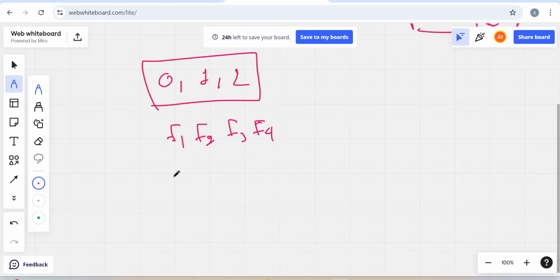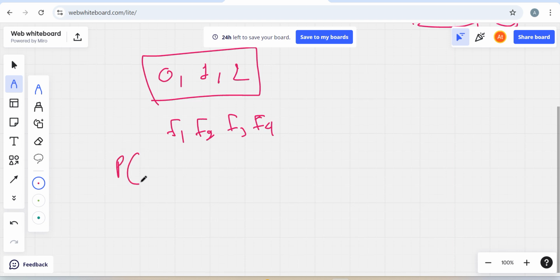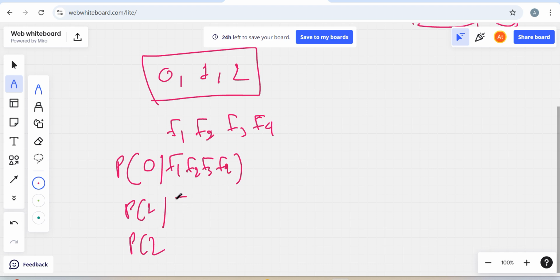What we'll try to do is calculate probability: probability of 0 when feature 1, feature 2, feature 3 and feature 4 are given. Similarly, probability of 1 given the four features, and probability of 2 given the four features.